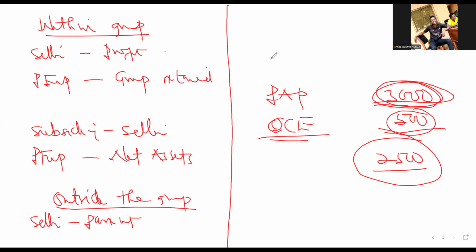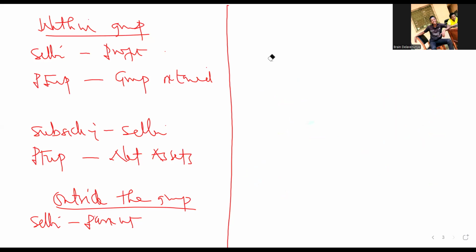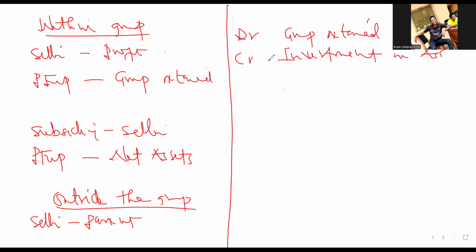So if we have only 30%, we are going to have only a 30% share of the unrealized profit, which will go to the parent retained earnings, and the corresponding entry is taken from the investment in associates. So you debit the group retained earnings with the parent portion, maybe 30% of the total unrealized profits, then credit investment in associates if the parent is the seller.